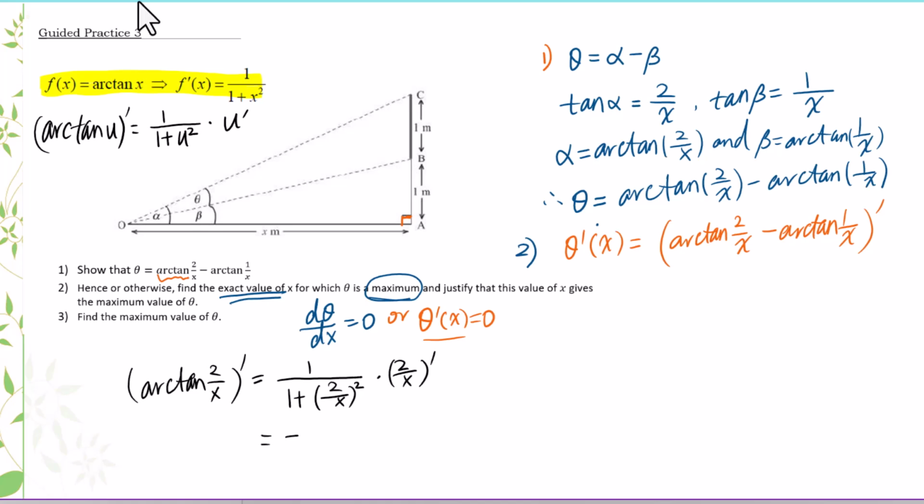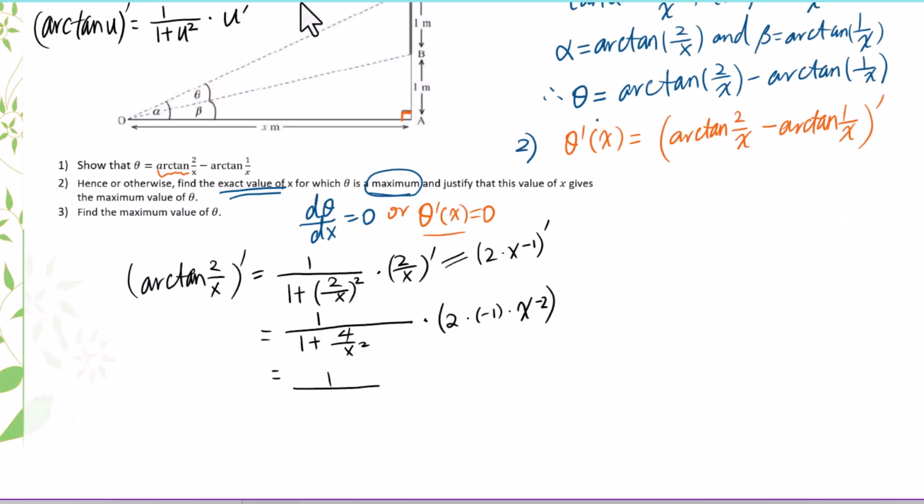This equals 1 over 1 plus 4 over x squared times the derivative of 2 times x to the negative first power. Use the power rule: 2 times negative 1 times x to the negative second power.